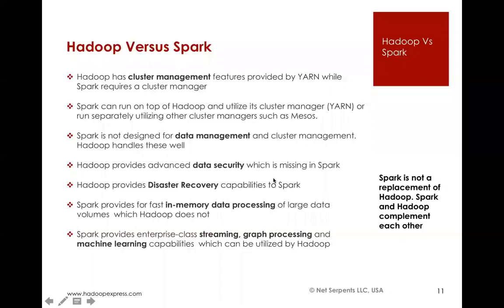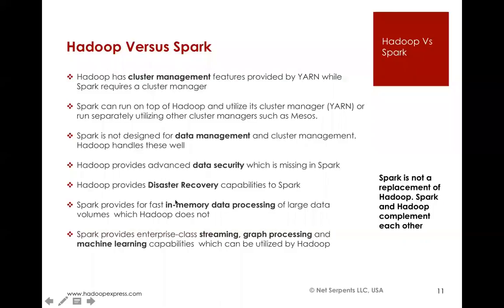So if you had Hadoop running with Spark, you get this additional advantage. Now, if all these are great things that Hadoop is providing to Spark, what about Spark? What does it provide to Hadoop? Spark provides in-memory data processing, as we spoke earlier. This is actually missing in the MapReduce framework of Hadoop.